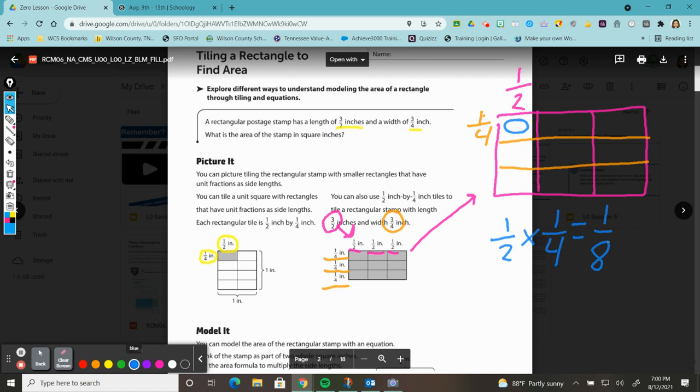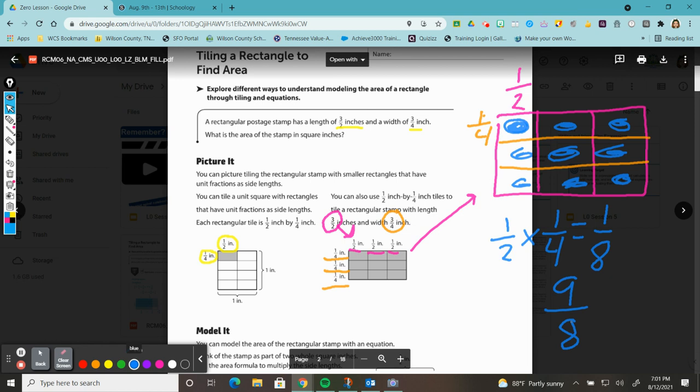1/2 times 1/4 would be 1/8. I don't have one 1/8 box. I have 1, 2, 3, 4, 5, 6, 7, 8, 9 1/8 boxes. So I now have 9/8, which would be my answer to the area of that postage stamp.